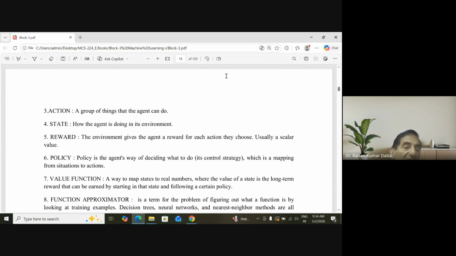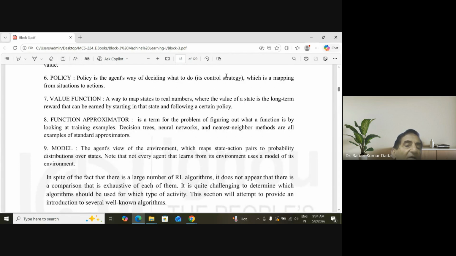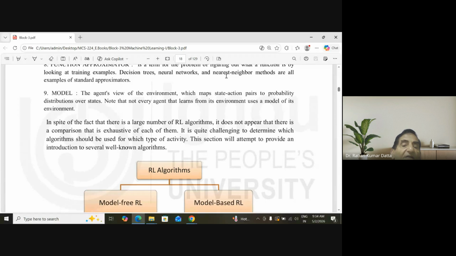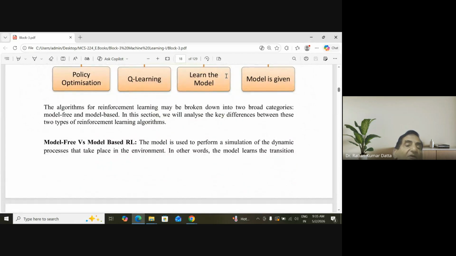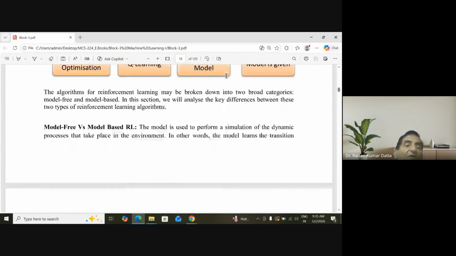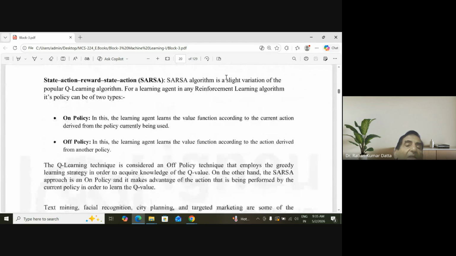So you can say that these are the various models. This is the reinforcement learning algorithm: model free, model based. So these are policy optimization, Q learning, learn the model, model is given. So this is model free versus model based learning. So this you can read.